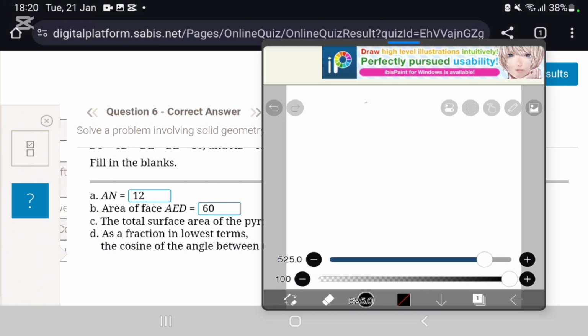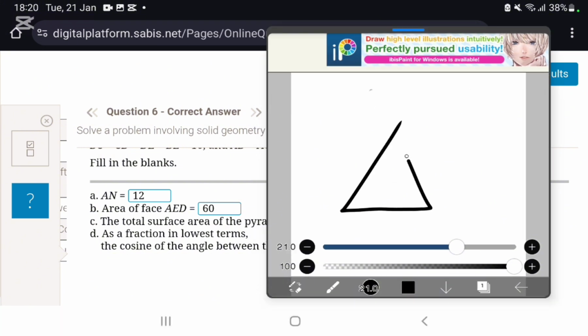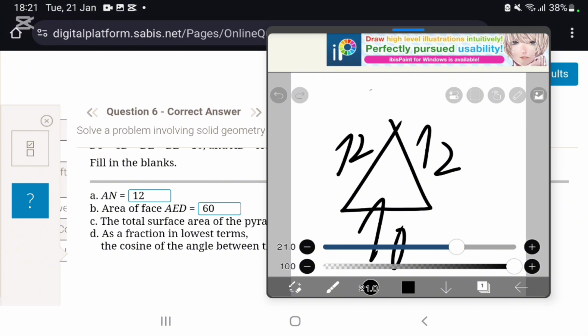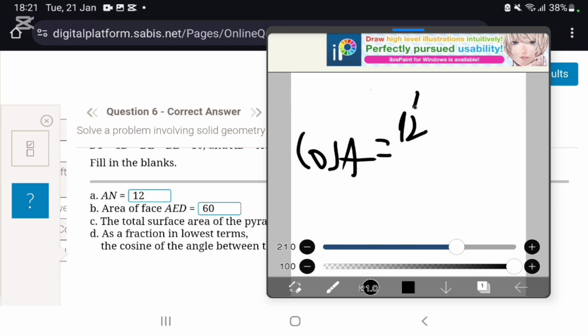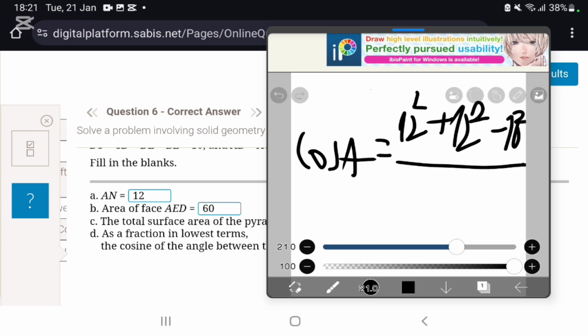The triangle actually looks like this. Okay, but this is 10, this is 12, this is 12. Then as I said before, to find the angle we need to do the cosine rule. Cosine of the angle, let's call it A, is equal to 12 squared plus 12 squared minus 10 squared over 2 times 12 times 12.